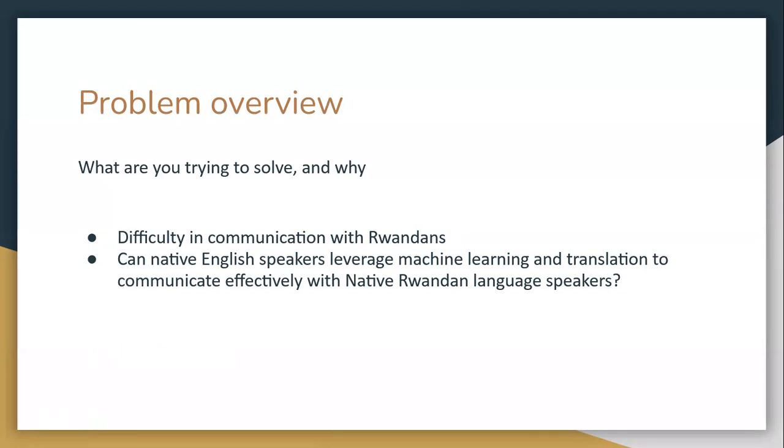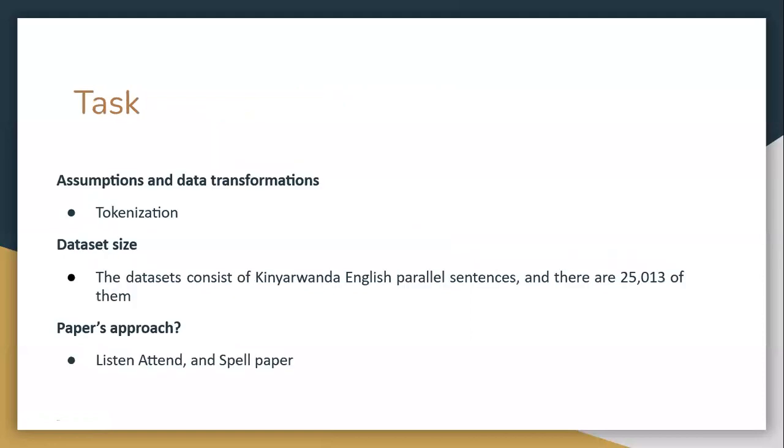Mainly, our project will help people to communicate with each other, people who are coming from countries that speak different languages. For instance, people coming from Rwanda will be able to communicate with those who are speaking English. So let me call upon my colleague to continue on the task and the method used.